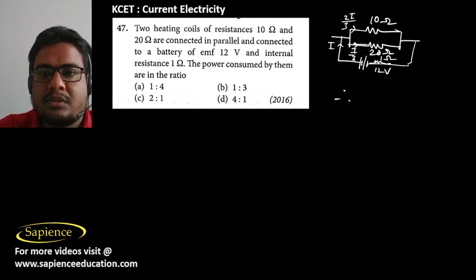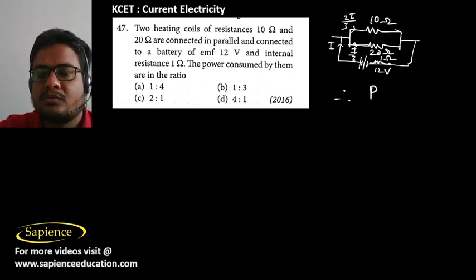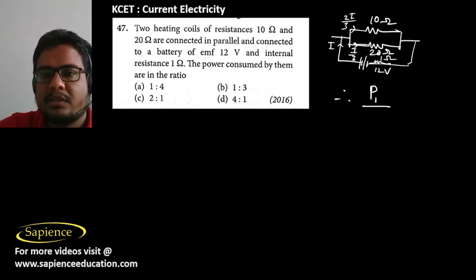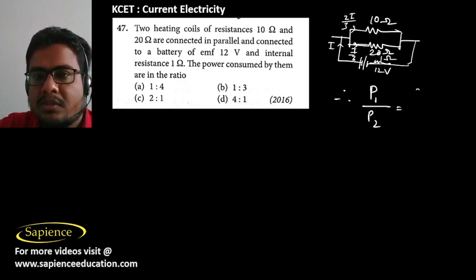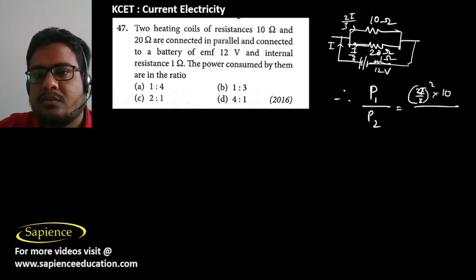So therefore the power consumed by them: the power consumed by the 10 ohm, let's suppose, is P1, and power consumed by 20 ohm is P2. So P1 by P2 will be I square R, that is (2I/3) whole square into 10, divided by (I/3) square into 20.